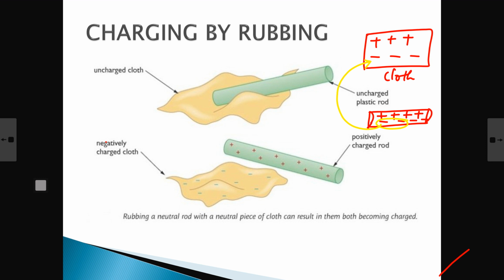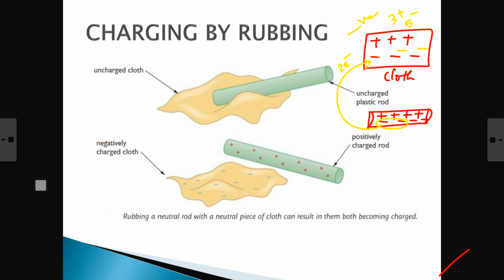Then what will be the final condition? In the cloth, there are 3 positive charges and 5 negative charges. Since negative charge is more, the cloth becomes negatively charged.